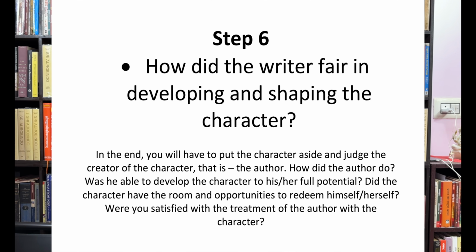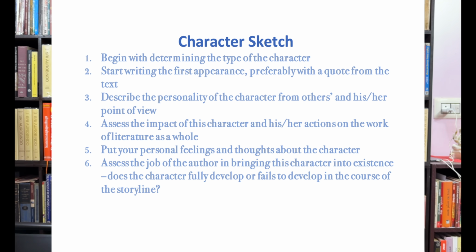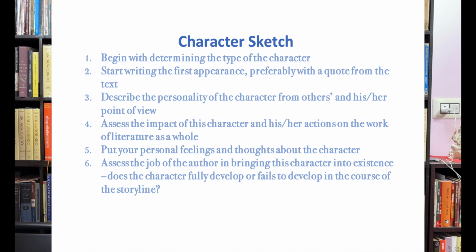So this is a way that we can write a character sketch. We can attempt sketching someone's character in any work of literature. Maybe it's a novel, a play, a short story, a long poem, anything. A character is a character, and these are the steps that you can use while attempting a character sketch.